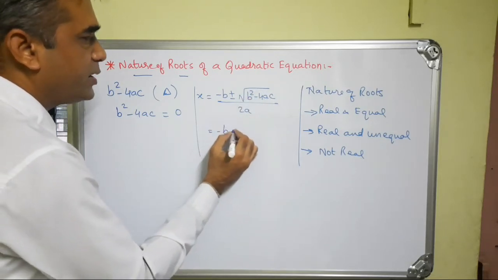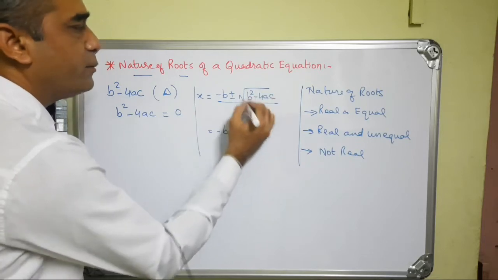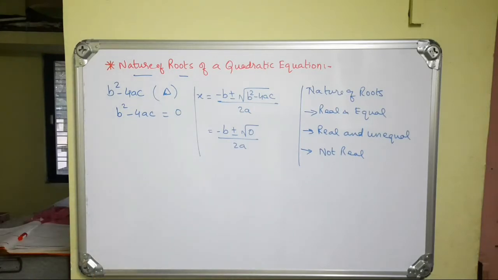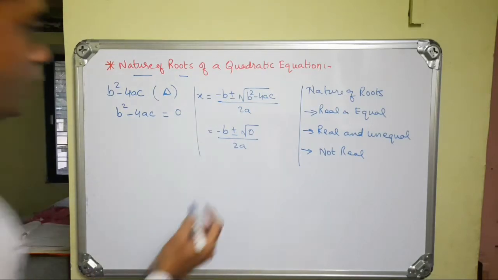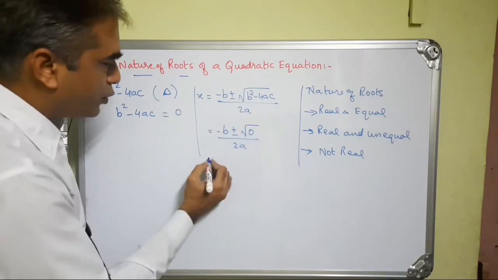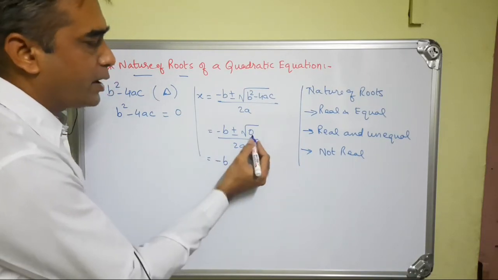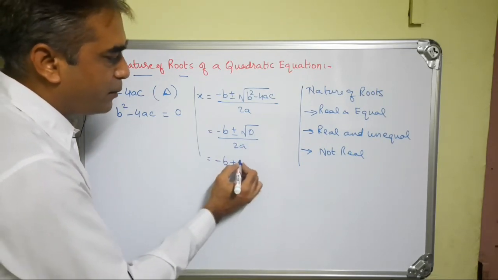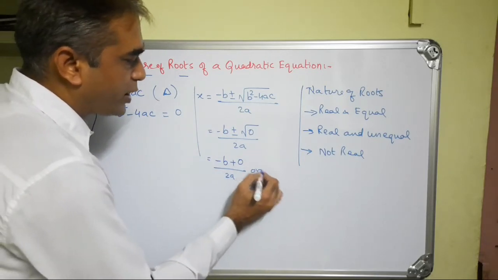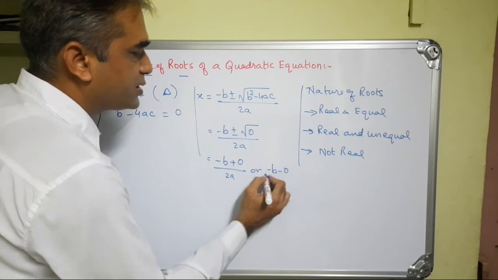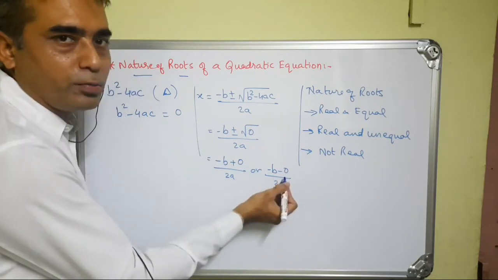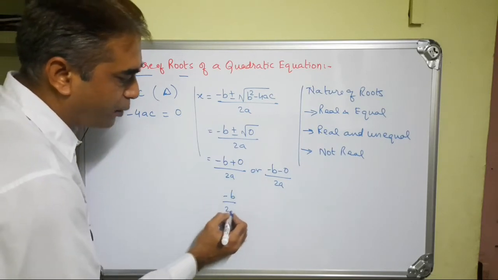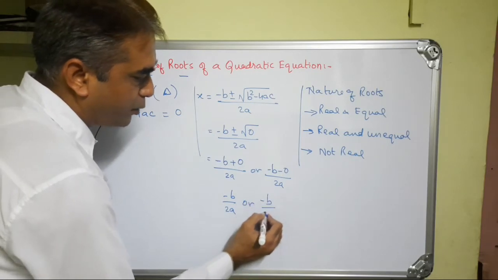So this will be minus b plus or minus 0 upon 2a. The square root of 0 is 0, so there will be minus b plus 0 upon 2a, or minus b minus 0 upon 2a. Plus 0 or minus 0, the value remains the same. So both the roots are the same, minus b upon 2a.